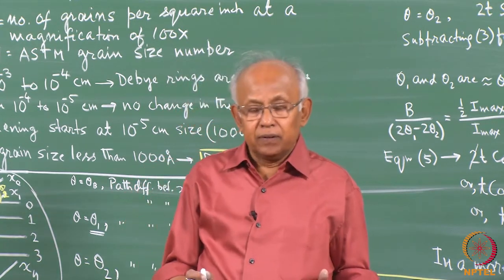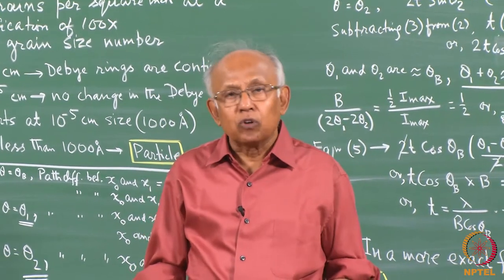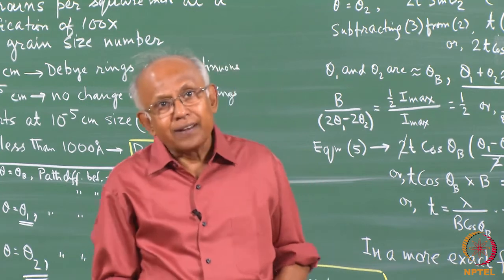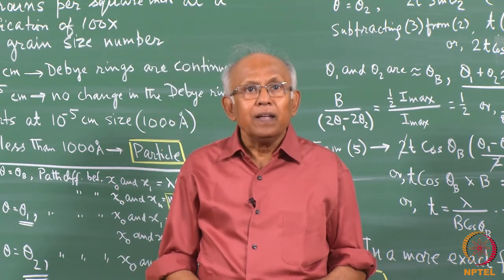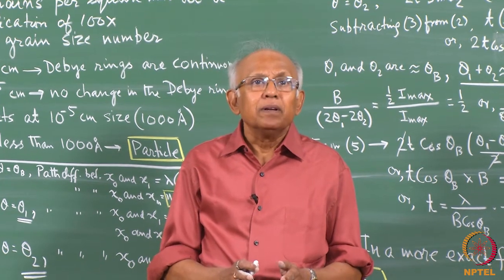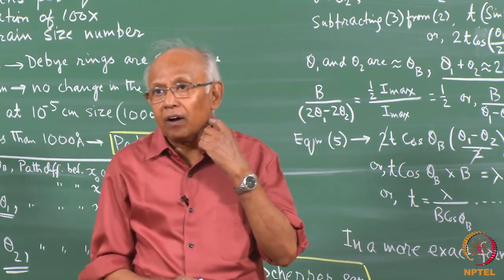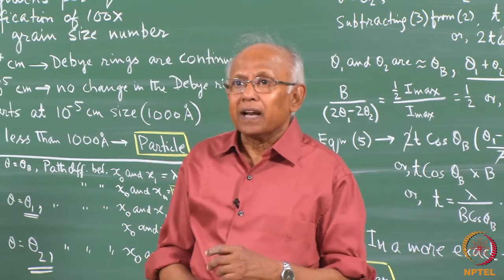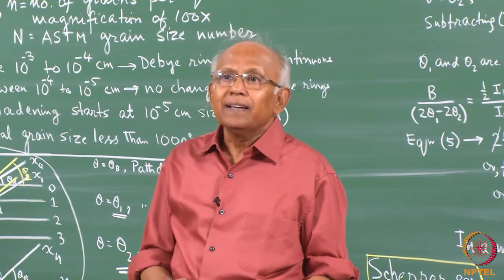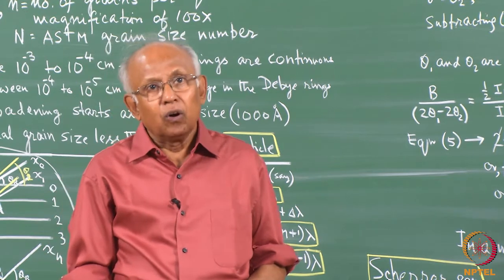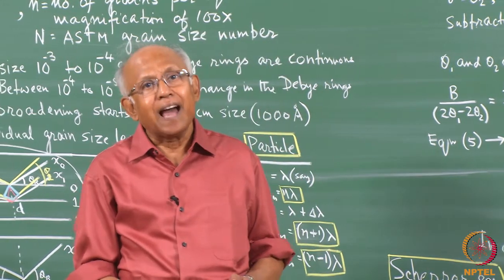Whenever we use a Debye camera or a diffractometer to find out the line profile of a diffraction line, there is always some instrumental broadening. For example, in the Debye method, it is because of the divergence of the incident radiation, due to which there will be some broadening of the diffraction lines.